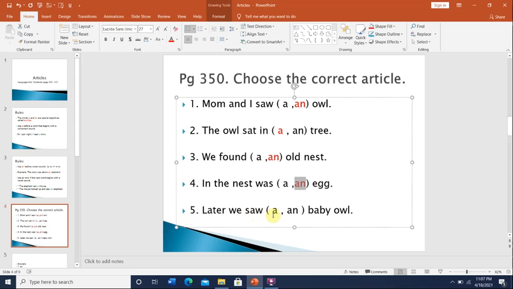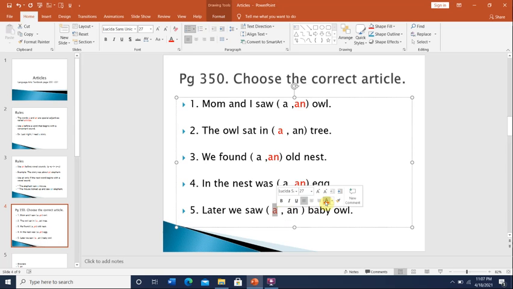Later, we saw a or an baby owl. The next word here is baby. Does baby begin with a consonant or a vowel sound? It begins with a consonant. B is a consonant sound, so we'll choose a.